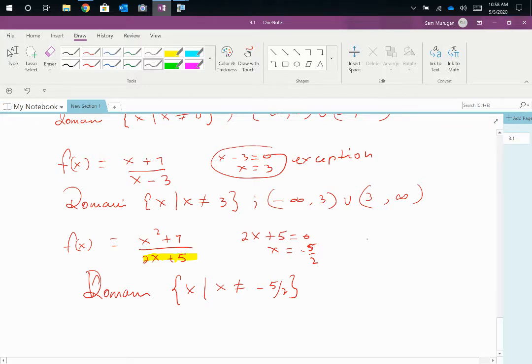Think about it. If we put back 2 times negative 5 over 2 plus 5, we get negative 5 plus 5, which is equal to 0, and that means we would be dividing by 0. X can be any number except for negative 5 over 2. So when we get to negative 5 over 2 on the number line, we have to jump over it and continue to positive infinity.